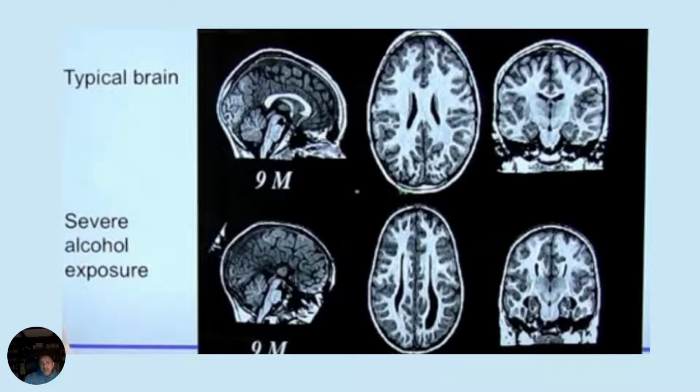On the top, it's a typical brain of the child, but at the bottom you're looking at very different images. The size is different, and the shape is a bit different. You see a little bit of deformation of the brain when someone is heavily exposed to alcohol and drinking during pregnancy.